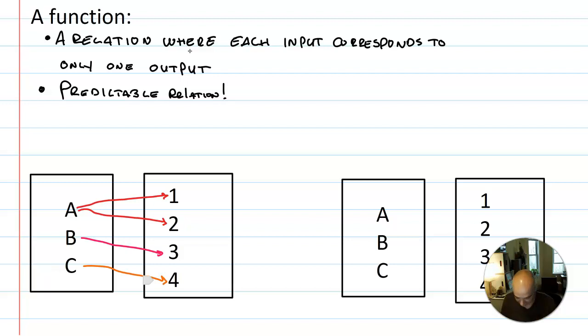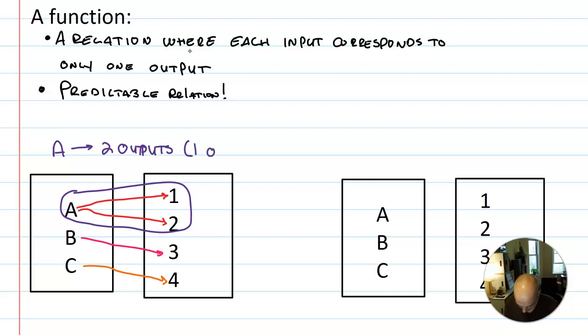This is not a very exciting relationship, but the issue is right here with what we did with A. The input A goes to 2 outputs, 1 or 2. So this is an example of a relation defined in a mapping diagram that is not a function.